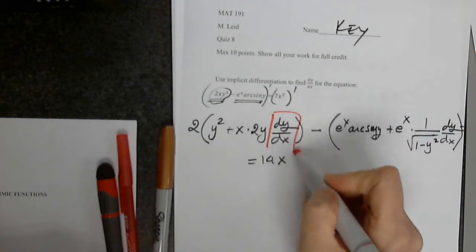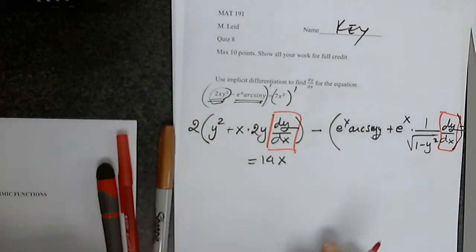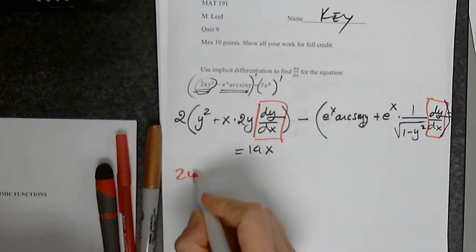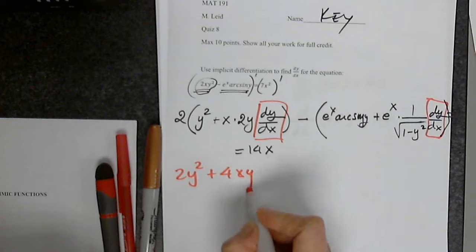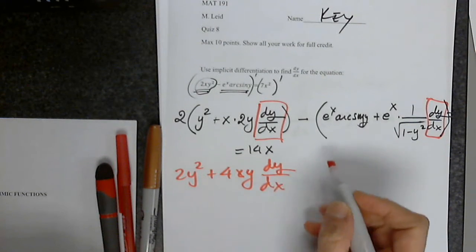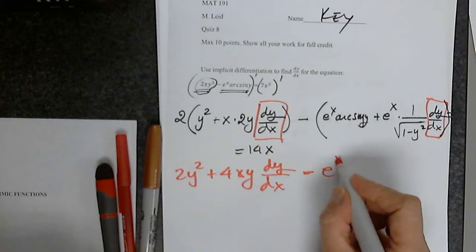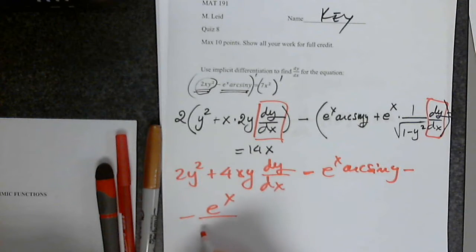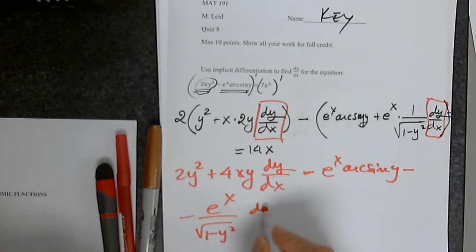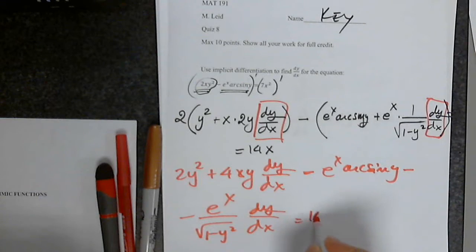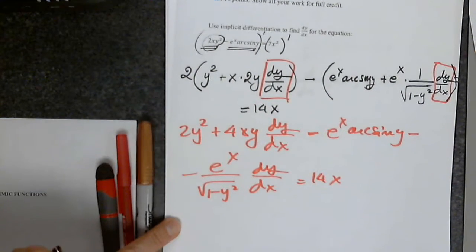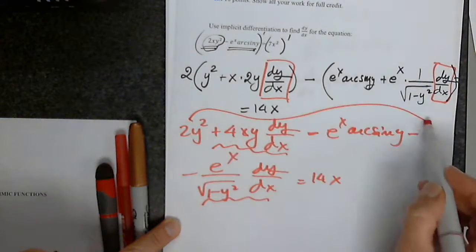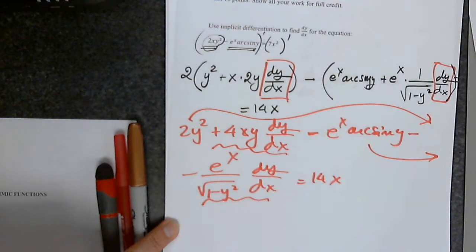So then I'm after this. But I still have another step before I get to that. I distribute 2 to y squared plus 4xy dy over dx. I distribute negative 1. I will leave this and this on this side, but I have to move this and this to the other side.